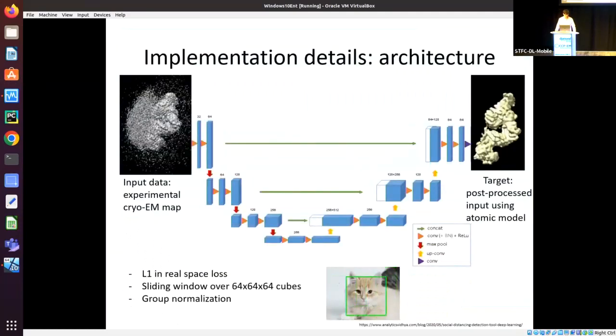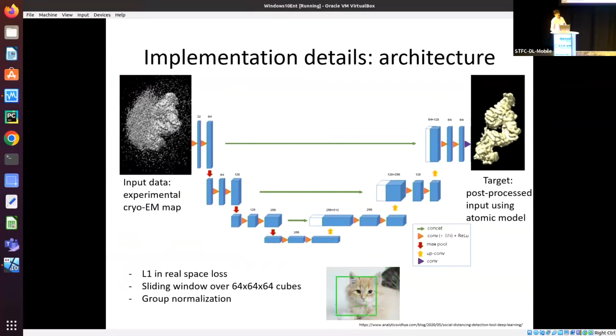And just to give you a couple of details, from a deep learning perspective, this is not a very complicated model. This is a classical 3D U-Net. We have tried different losses. In the end, L1 in real space was the best, but there were not many differences with respect to losses. And the only thing is that since the cryo-EM maps tend to be very large, we need to process them in chunks using a sliding window approach, as you see in the cat picture.